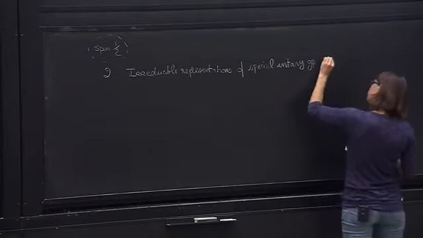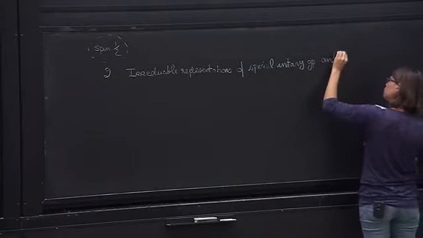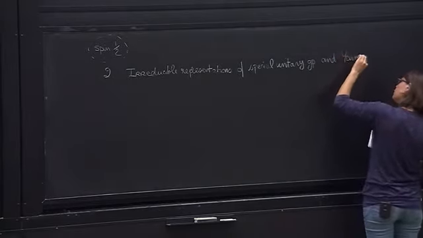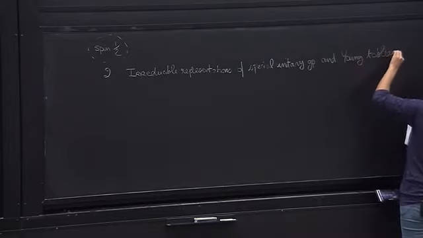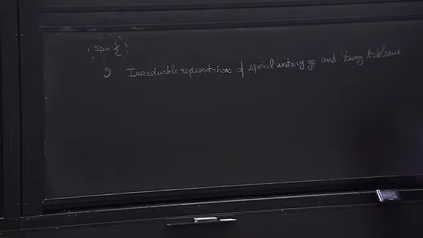And for that, we're going to use this useful tool, which are the Young tableaux, which are really going to give us a pictorial way to represent finite dimensional representations of SUN.